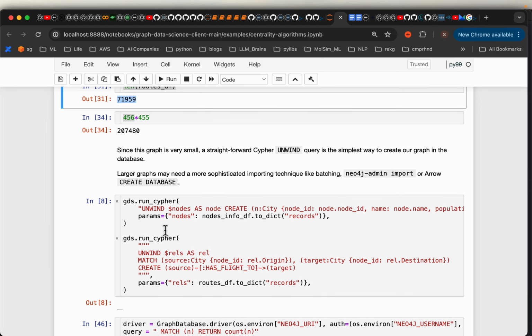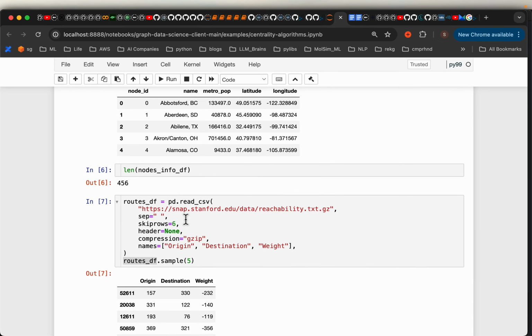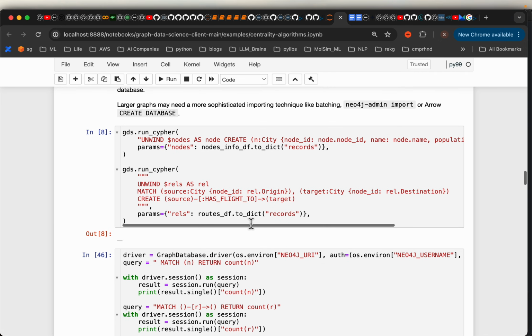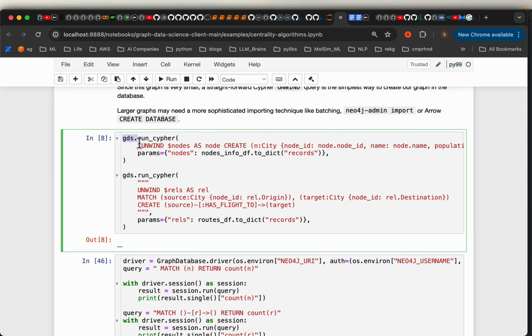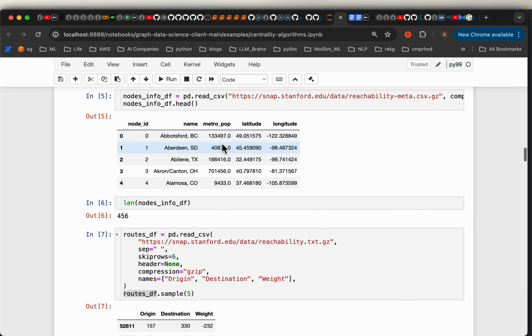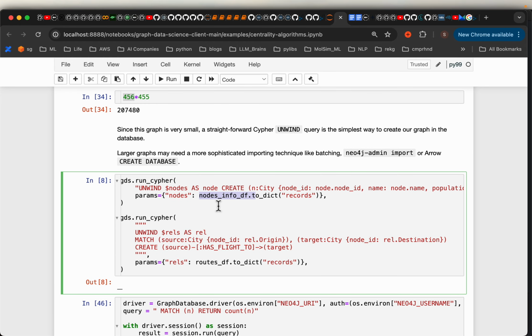So let's load the data into the database. So basically we have two data frames, one related to cities, the other one related to the connectivity. All right. So we use the graph data science client. All we are doing here is taking this nodes information and creating nodes, the airport cities.